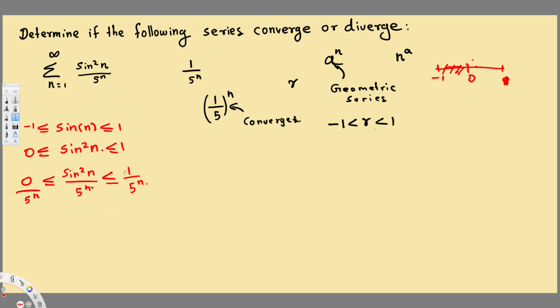From this we know this value is less than this, and we already found out this one converges, and this is also going to converge, because this is between 0 and 1 over 5 to the power n, and if this converges, it's a finite number.